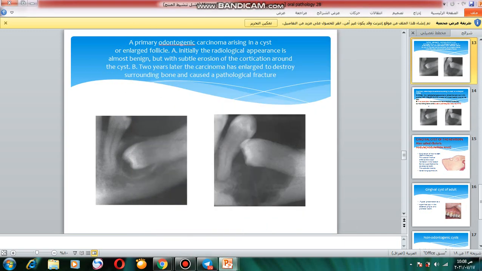It turned out that this case was not a dentigerous cyst. After 2 years it became clear that the enlargement had increased, and this turned out to be carcinoma. So you cannot give a perfect diagnosis until after pathology.